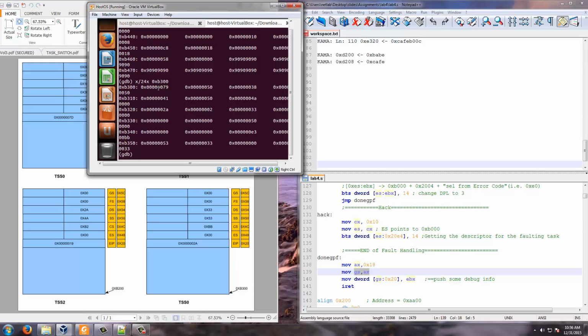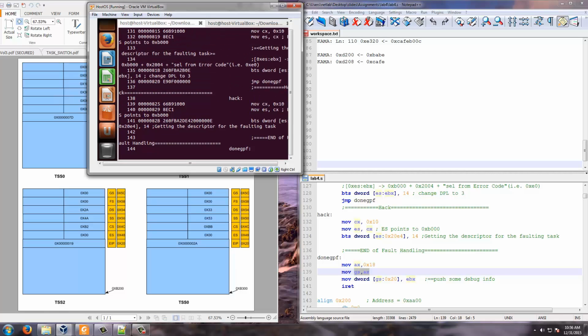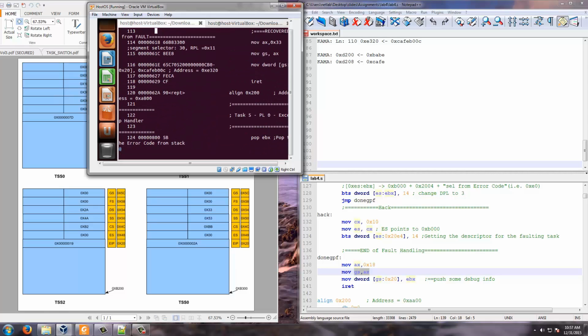Similarly, let us see what has happened to the thing at B300. It essentially says that your return address will be B320, it is saying 2A, right? 2A is for your TSS3. Now let us see where is TSS3 ending.